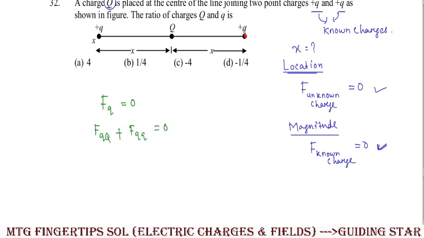So what is the force on q due to capital Q, clear. So it will be k q divided by distance of separation is x, so it will be x square, plus force on q due to q, that will be k q into q divided by distance of separation is 2x whole square, that should be 0.